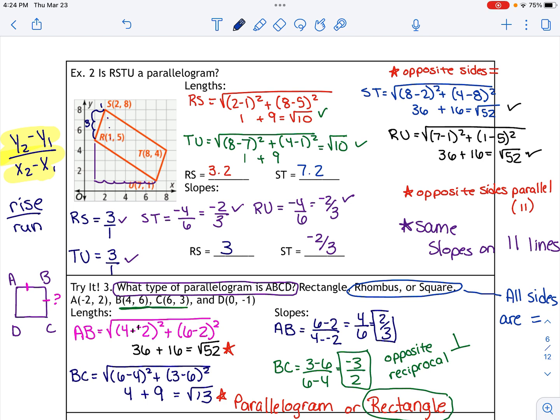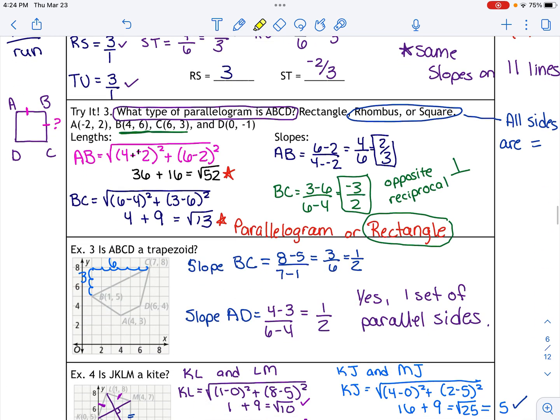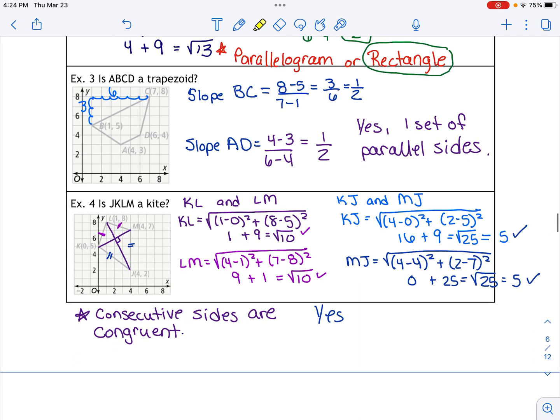Then we said to prove a parallelogram, we need opposite sides equal and opposite sides parallel. So we did length and slope. To prove certain types of parallelograms, we looked at the lengths and the slope in those situations. Trapezoids, we just needed one set of parallel sides. And for a kite, you need consecutive sides to be congruent.